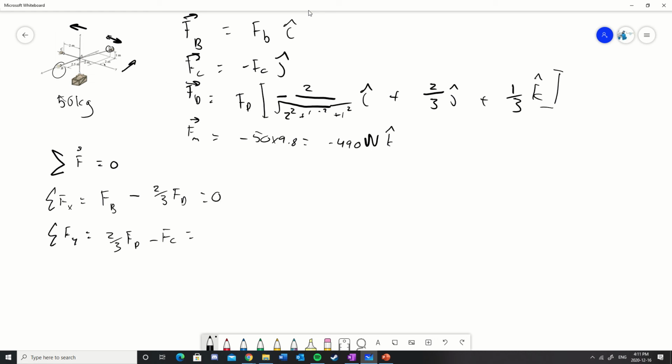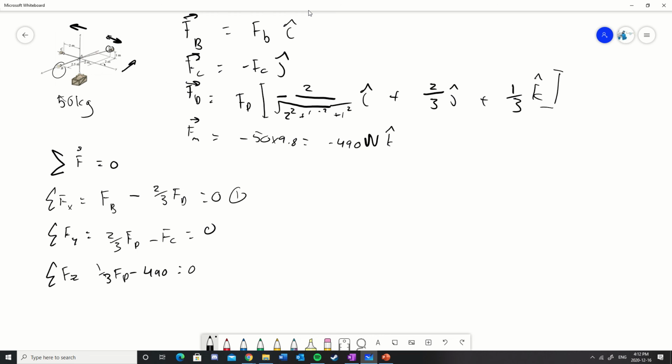I should mention these are all equal to 0, because FC is in the negative direction, FD is in the positive. And finally, forces in the z direction are equal to 1/3 FD minus 490 equals 0.